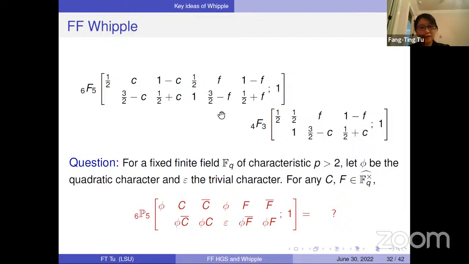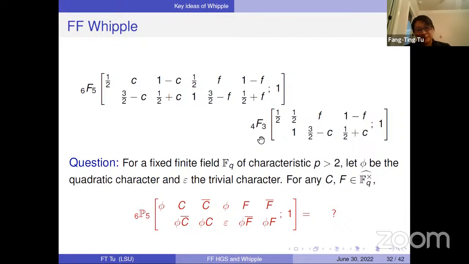And for the little c and f, we replace them by multiplicative characters capital C and F here. So now the goal is to find the evaluation for the finite field version of the Whipple formula, to relate this to the finite field version of 4F3.